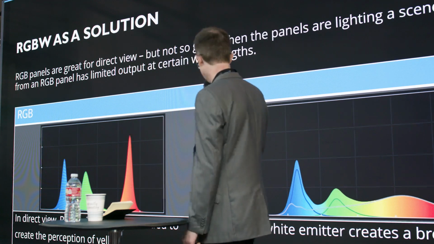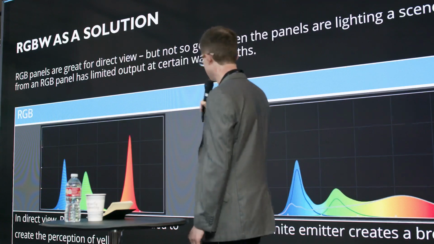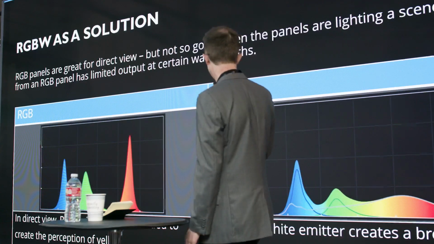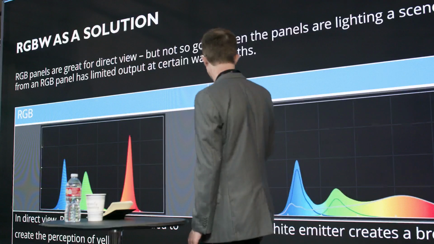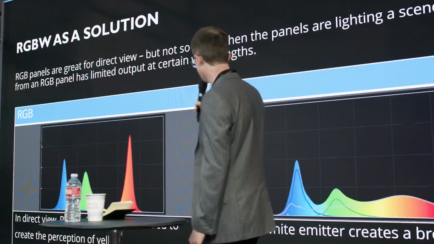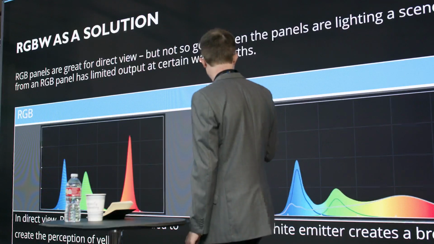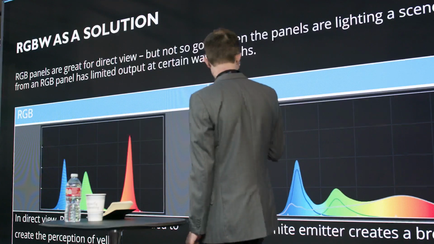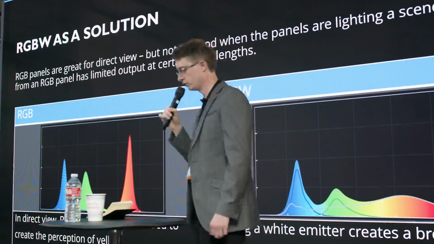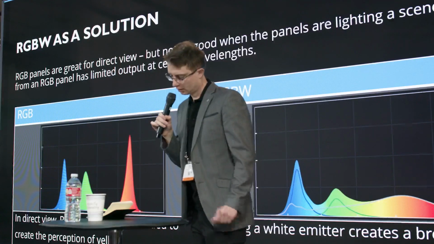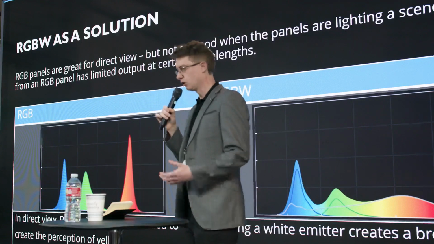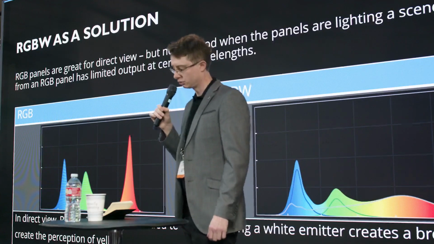When we add our fourth emitter in, and bear in mind this is producing the exact same white point output around 6500 Kelvin D65, we can see that our spectrum is massively smoothed out. We've got really nice illumination in that yellow and orange region. That improves our color rendering a lot, and that's what we're seeing in those previous two slides.